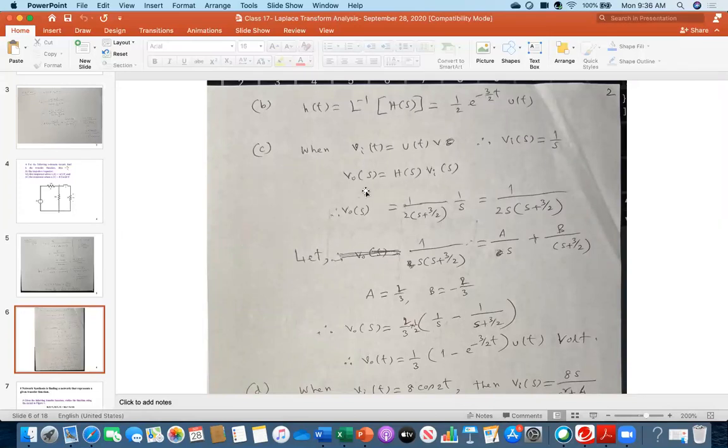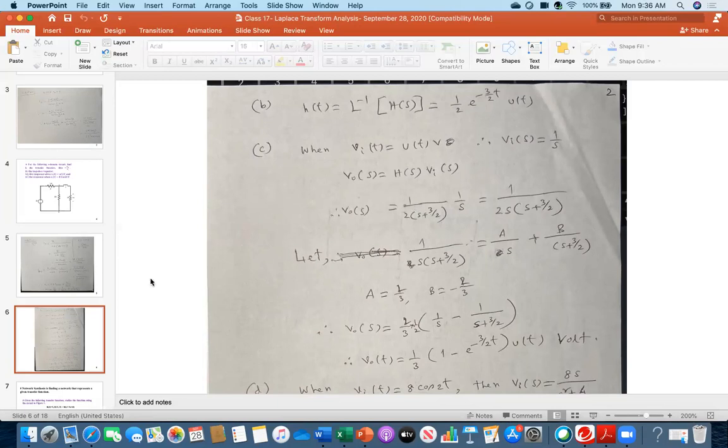So then I can write Vo(s) is H(s) Vi(s), because that is my definition of transfer function. H(s) is Vo over Vi. So from there I could write Vo(s) is H(s) multiplied by Vi(s). And this Vi(s) is 1 over s that I have written. And what is my H(s)?